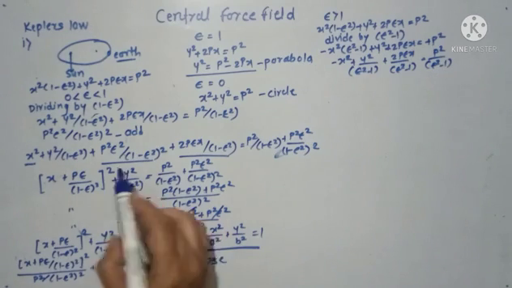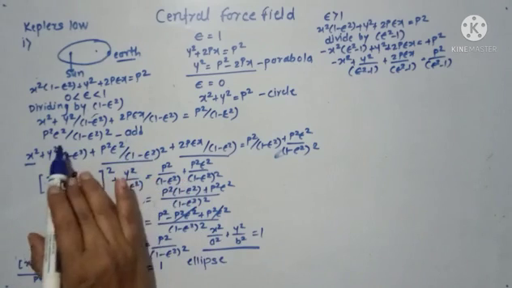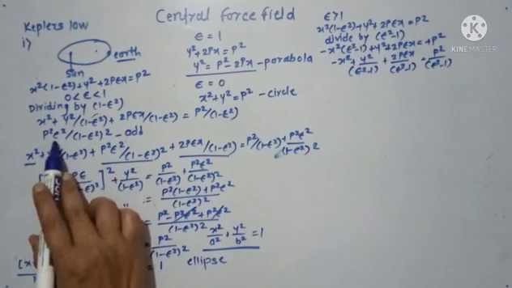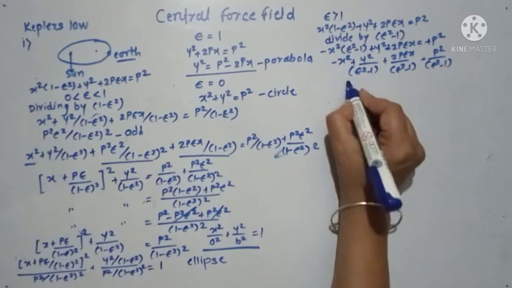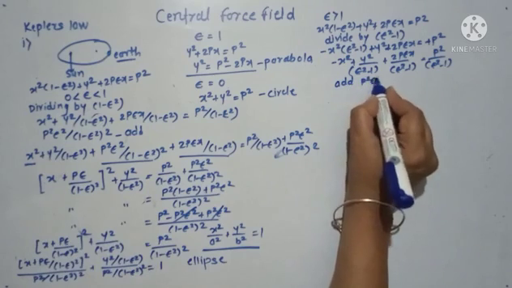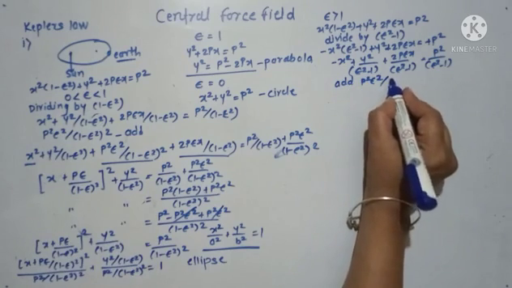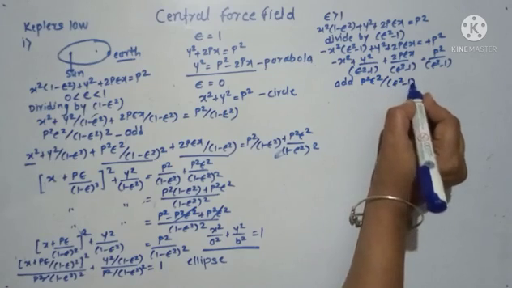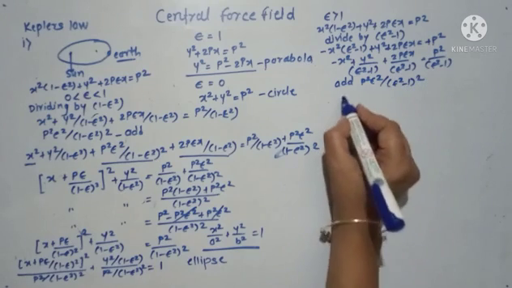Now the same step will be followed here. We just have to add the term p squared epsilon squared upon (epsilon squared minus 1) bracket squared.